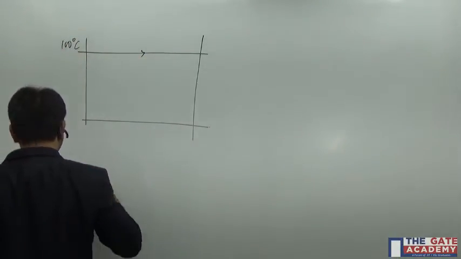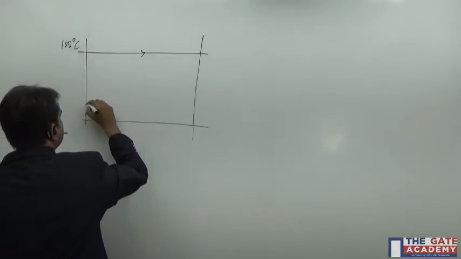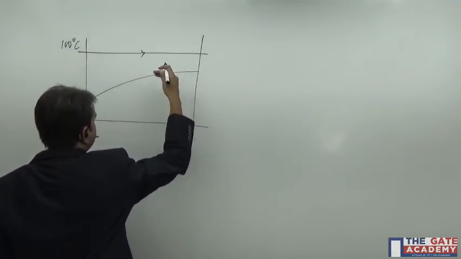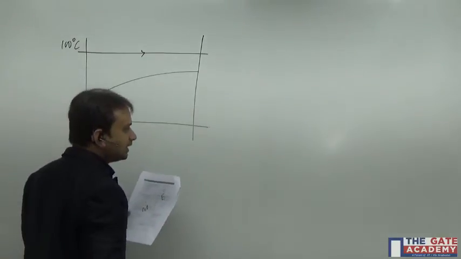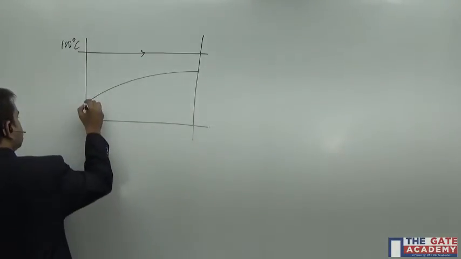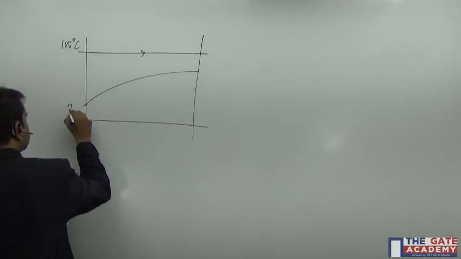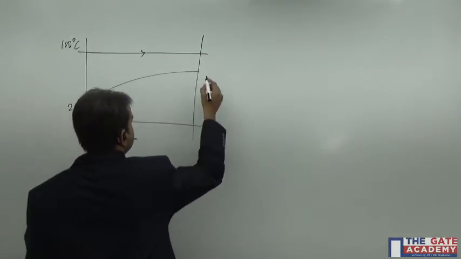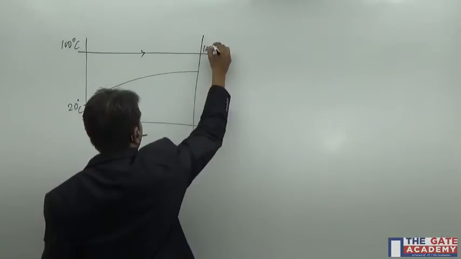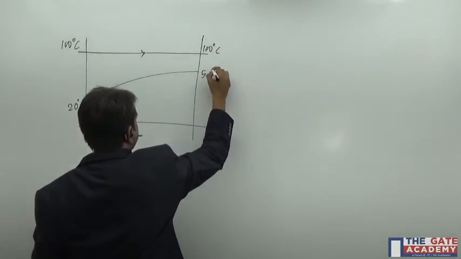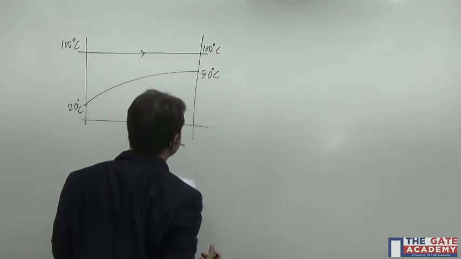And what happens is that because of the cold fluid, it condenses, and it exchanges heat with the cold fluid, which is entering at 20 degrees Celsius, and it leaves at 50 degrees Celsius. So its temperature rises and steam gets condensed, right?